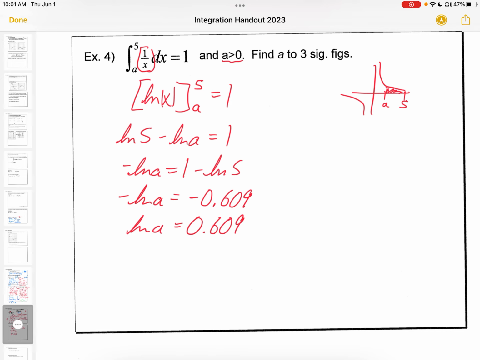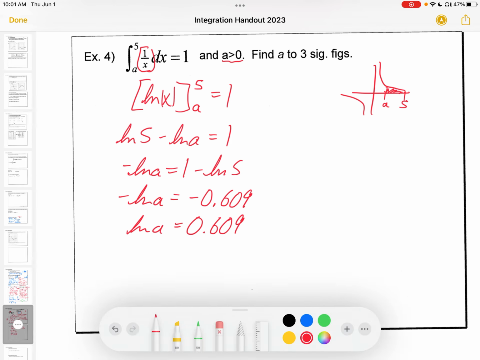And we've still got a problem here. We've got to figure out what a is, not just ln a. And the way we figure that out is by going to exponential form. We're talking about a base of e, an answer in exponential form of a, and an exponent of 0.609. So in exponential form, this reads as e to the 0.609 equals a.